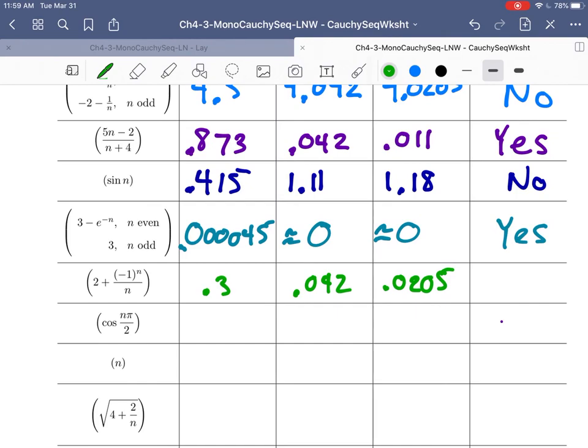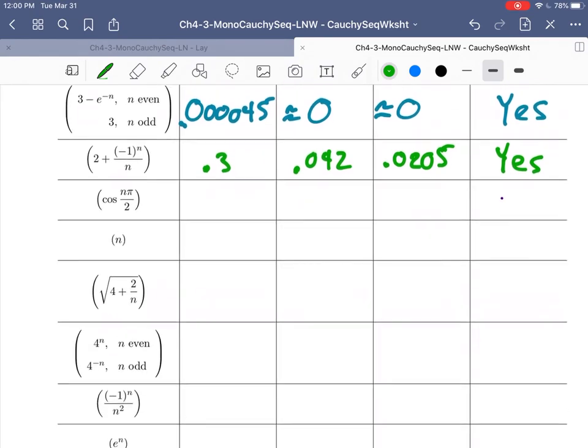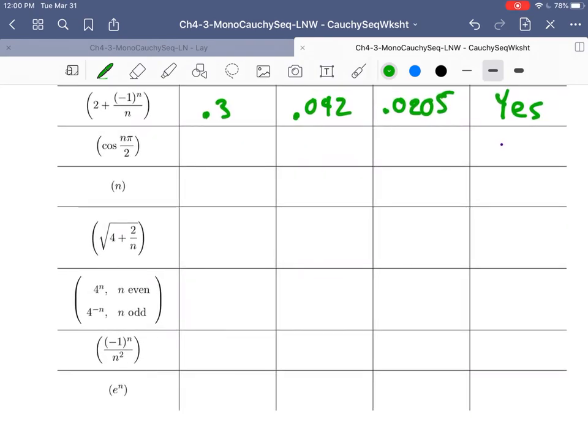The space between terms after a certain point is heading towards 0, and so this is a Cauchy sequence. You can take some time to go through those other examples and see if you can build your intuition about Cauchy sequences a little bit more.